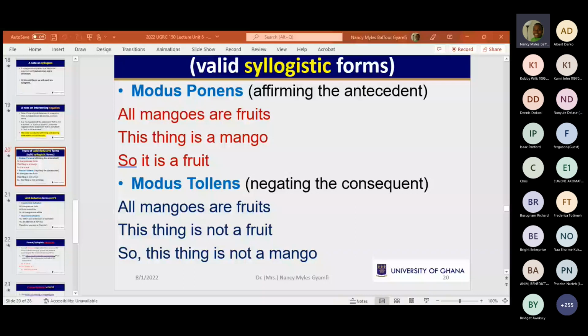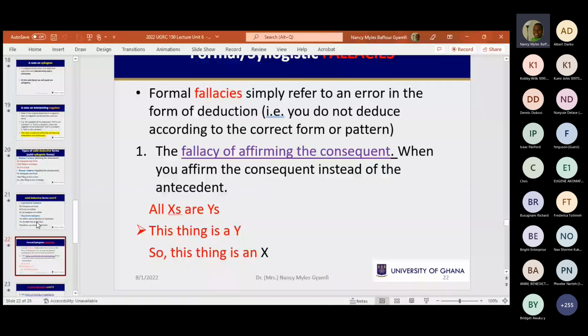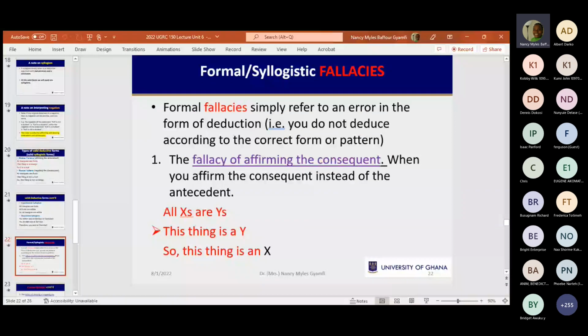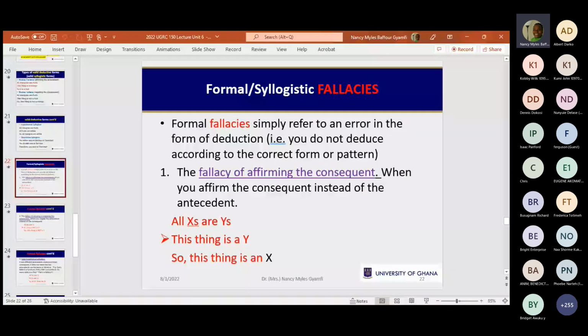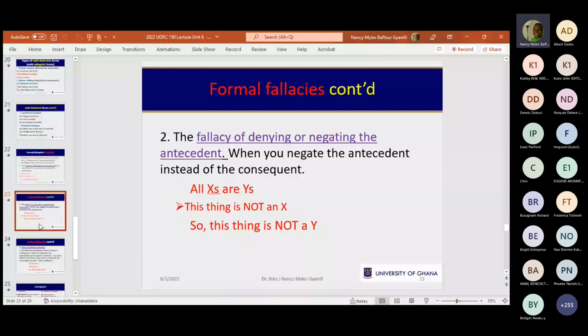Modus tollens. Very good. Now the fallacy is trying to do modus tollens but doesn't do it well. I'm showing you some slides on the fallacy. Look on the screen, please. The fallacy of denying, or negating, the antecedent. The correct one doesn't negate the antecedent.